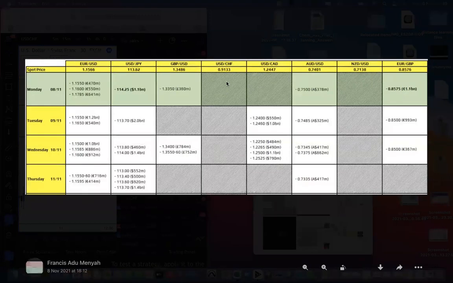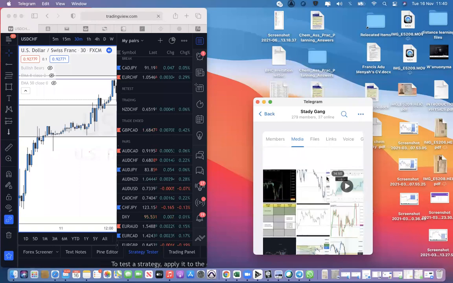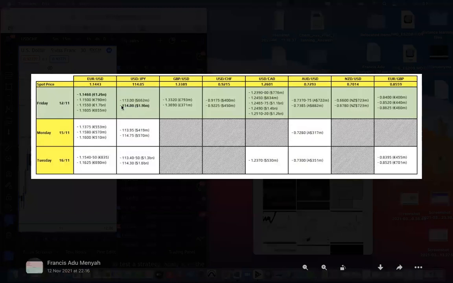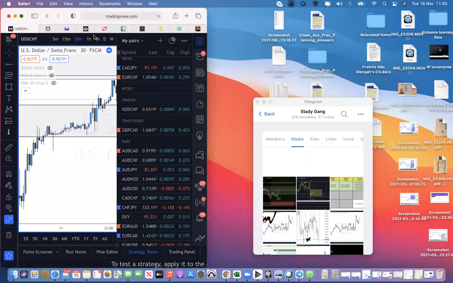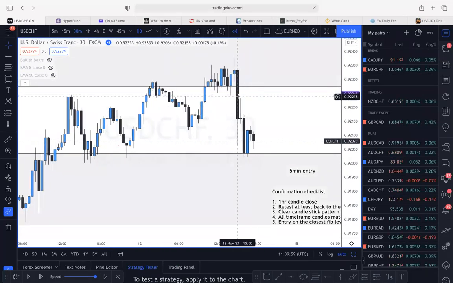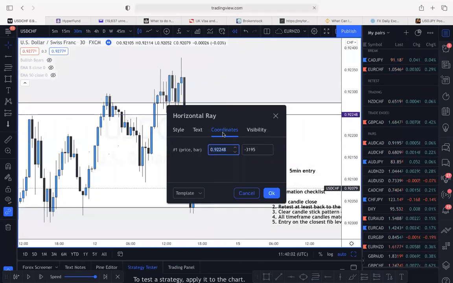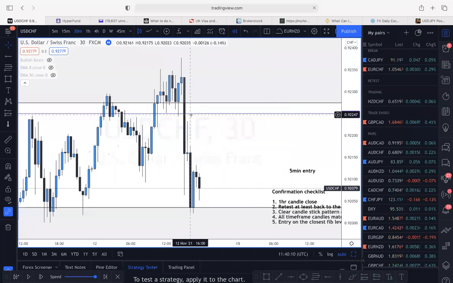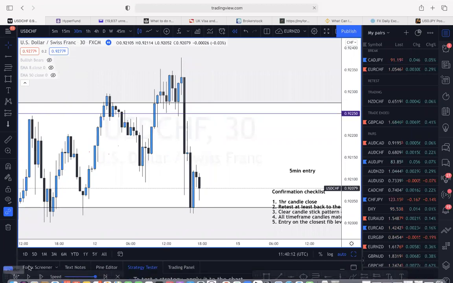Okay. 0.9225. When price got here, let's see the reaction that we had.